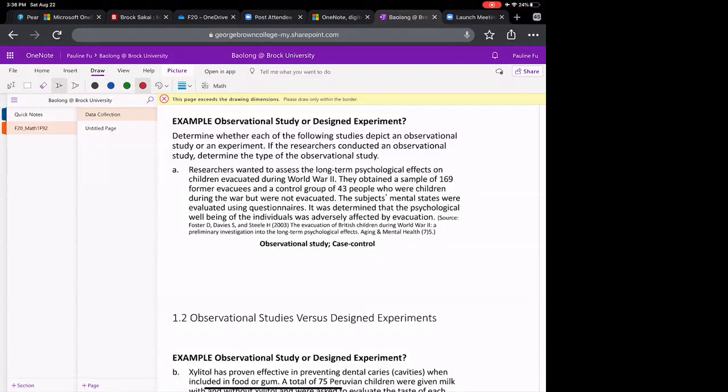It was determined that the psychological well-being of the individuals was adversely affected by evacuation. So is this an observational study or a designed experiment? This is an observational study because the researchers just observe the consequences of being evacuated or not being evacuated, okay? It is a case control, okay?